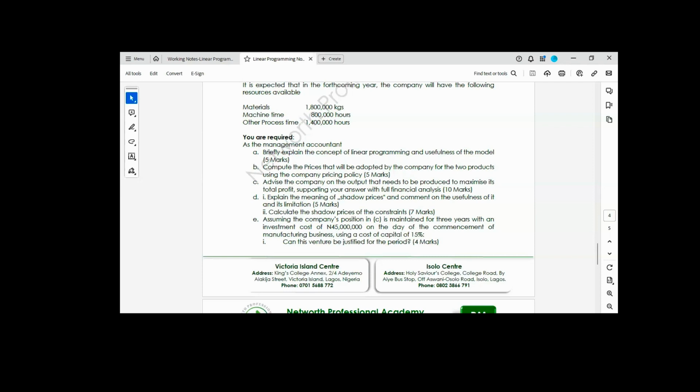And that's what I'm saying, that in real life, practically, the knowledge of cost volume profit analysis is essential for a professional accountant, because you never can tell where that knowledge will be needed.